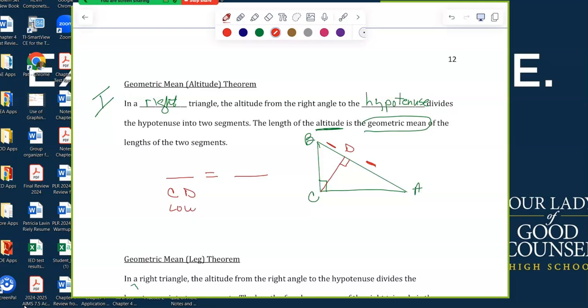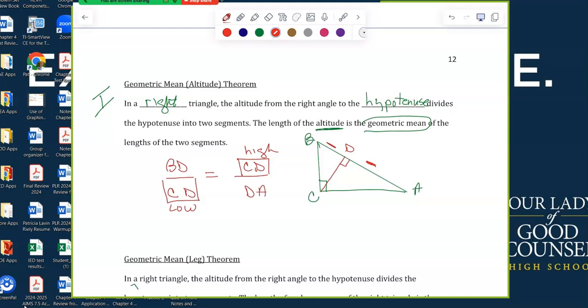So this is low, this is high. Okay, that's CD, and this is also CD. The geometric mean always repeats. So in this box is where the geometric means go. Then the missing pieces are one little segment and the other little segment.